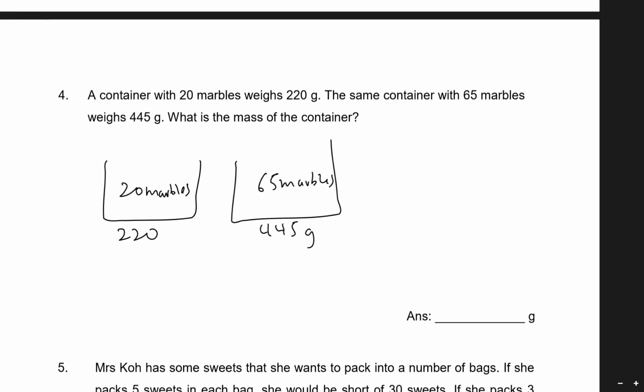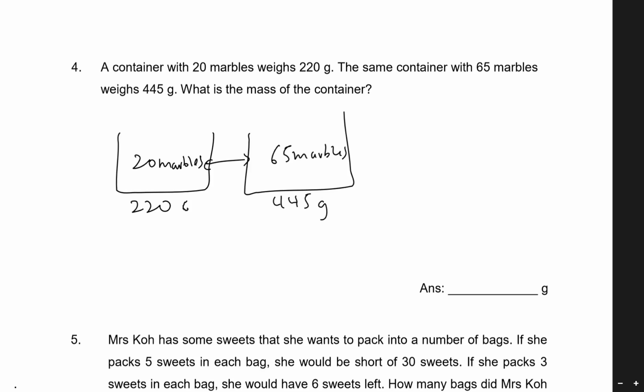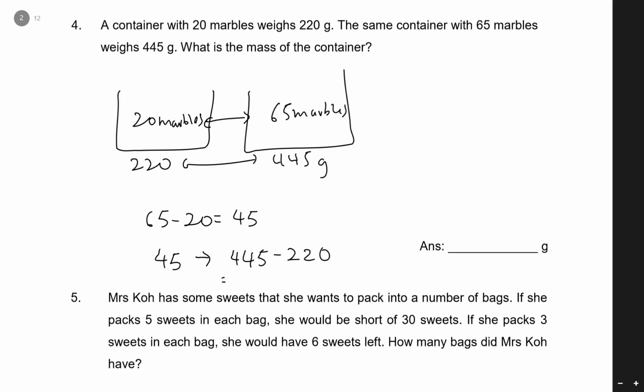Before that, why don't we find out how much is the difference between 20 and 65? More marbles, of course, the mass will increase, right? So the difference must be 65 minus 20 will give you 45 marbles. And this 45 marbles, we can say that it is 445 minus 220. Because of the extra 45 marbles, there's an extra increase in the mass, which gives us 225 grams.